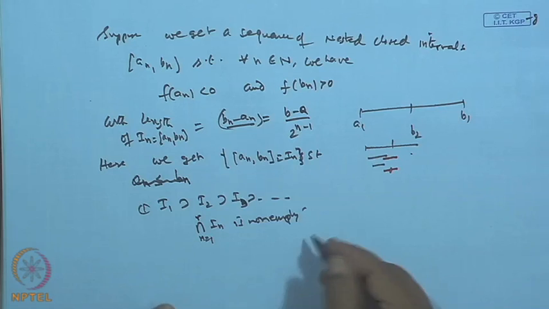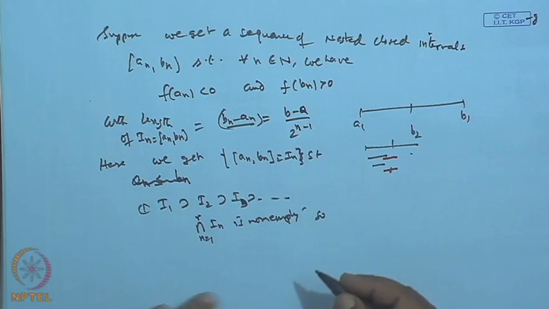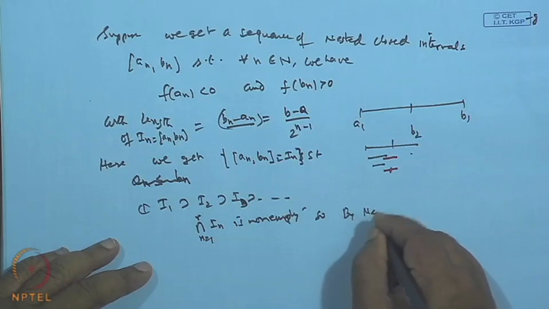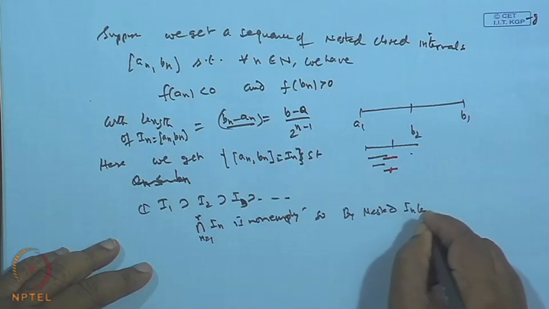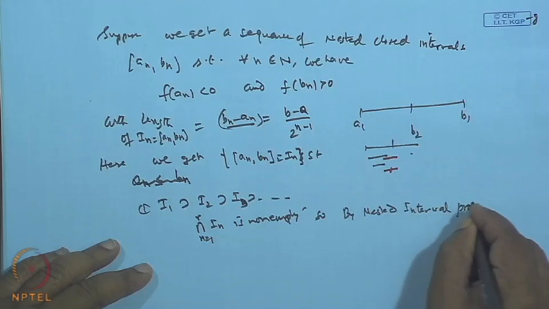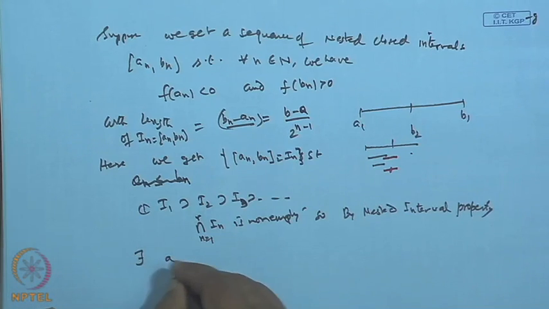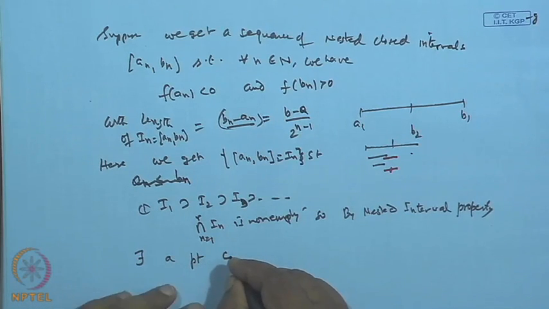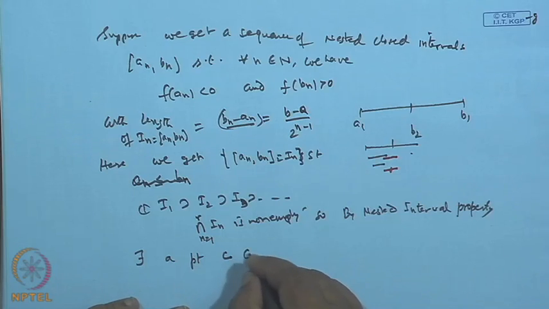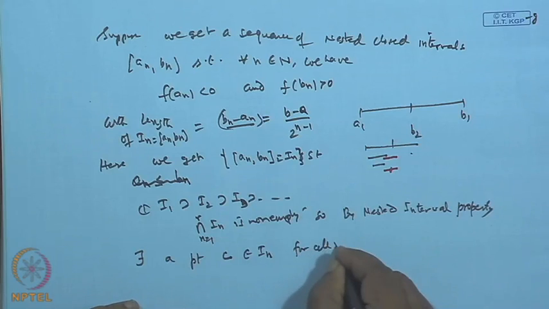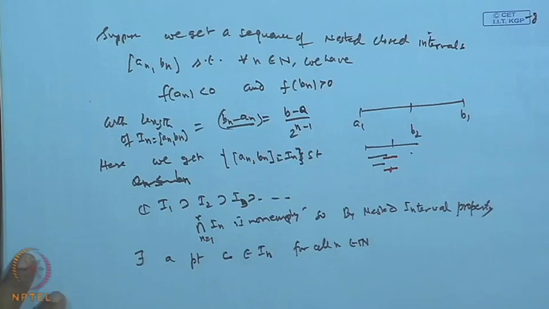So by the result we have, the nested interval property, there exists a point c belonging to I n for all n. This is the nested interval property.